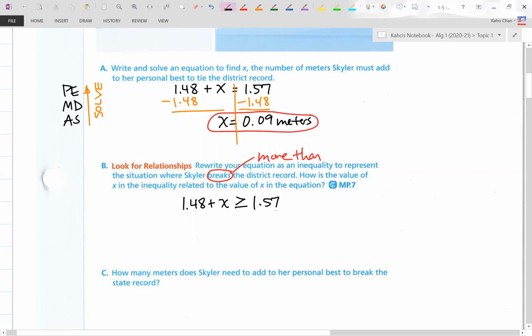I guess your interpretation of break could be tying it or go past it. We're just going to keep it at breaking it then. There we go. The order of operations is the same. Subtract 1.48 to both sides. And she needs to have more than 0.09 meters.